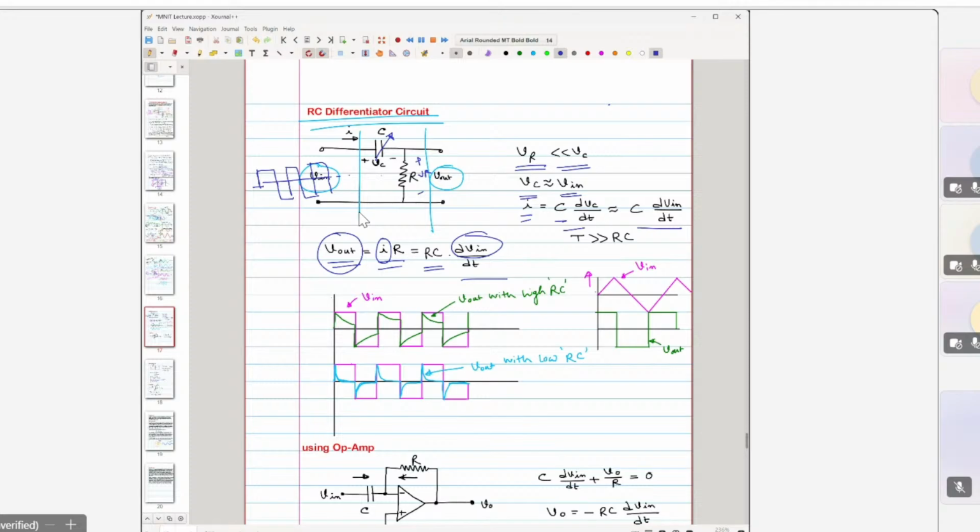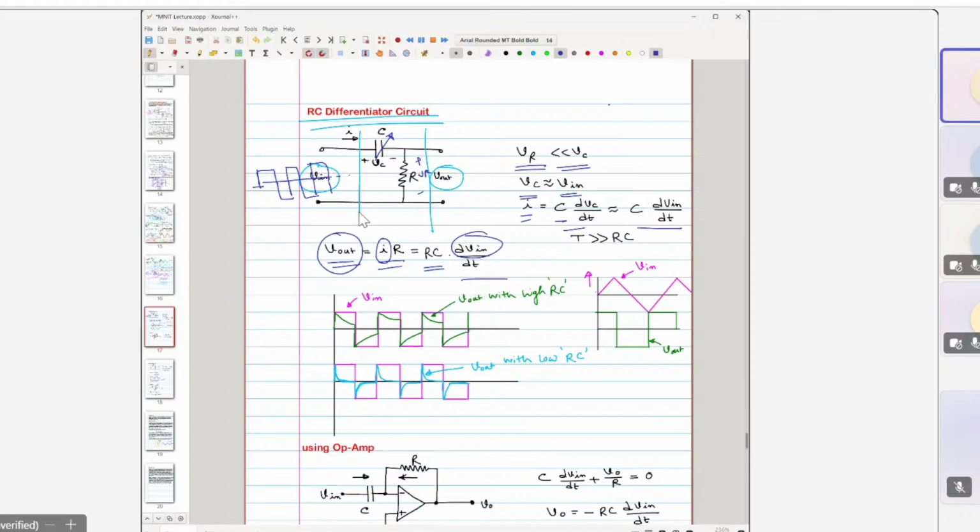But it takes some time. As soon as you raise this potential, this capacitor cannot charge completely. It takes some time to build the charge across this capacitor.